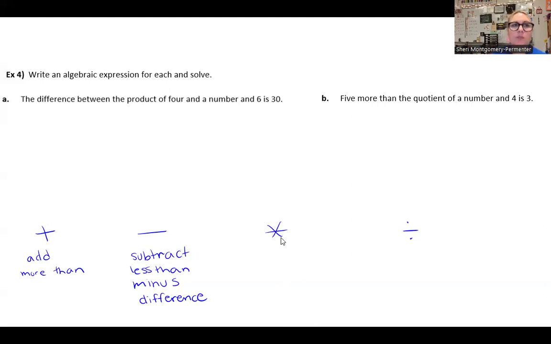What kind of words go with multiply? Per, yeah, that's a really good one. Per is always multiply. Very good. What about divide? Obviously divide.